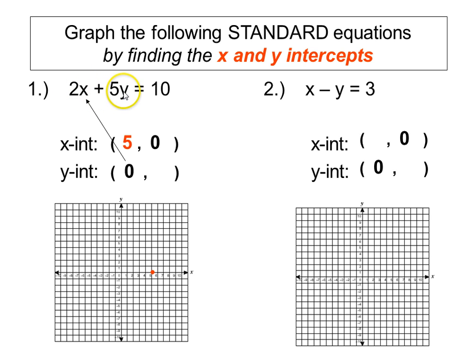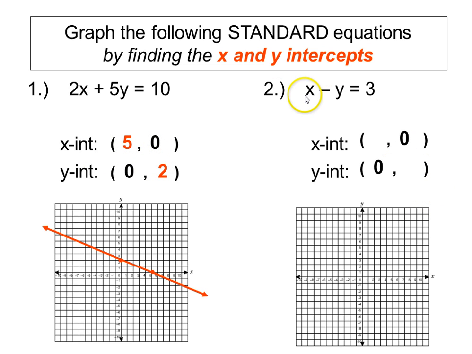And now I have 5 times what gives me 10? Well, 5 times 2 gives me 10, so 2 must be the y-intercept. I can plot that point right here and draw the line that connects those two. And this is the line for the equation 2x plus 5y equals 10. Any pair of points on this red line will satisfy this equation. And I did that by finding the x and y intercepts.